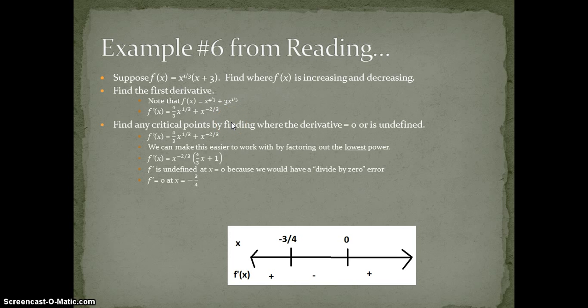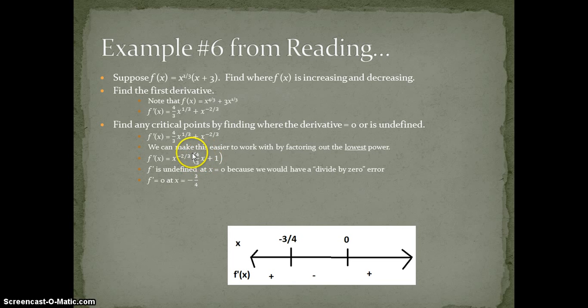One of the tricks that you're going to use to find critical points here is to always factor out the lowest power, meaning the most negative one. In this case, the lowest power is the x to the negative 2/3. When I factor that out, I'm left with a 4/3 times x. And the reason why you got to think of this as an x to the first.